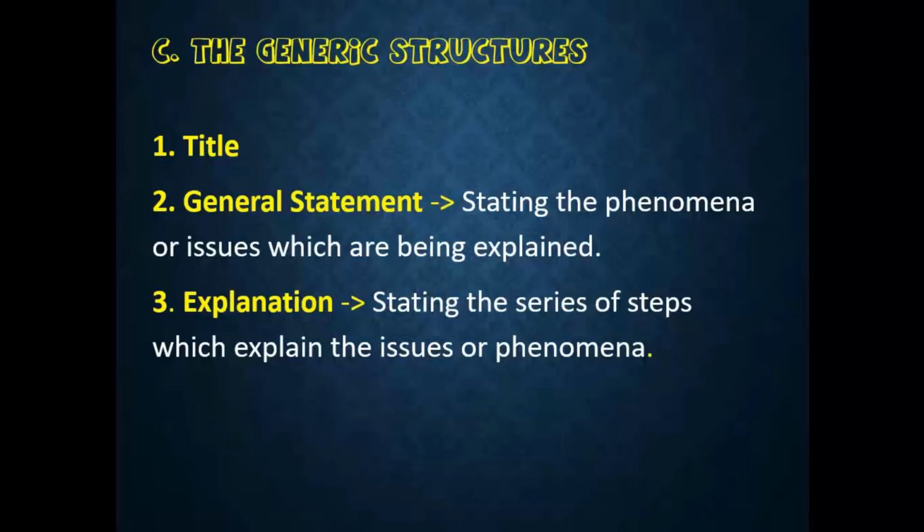Usually, in the explanation text, the title begins with how, because the explanation text tells about how and why. And then the second is general statement. It is stating about the phenomena. Usually, it is in the first paragraph. It's still the general fact or general statement.